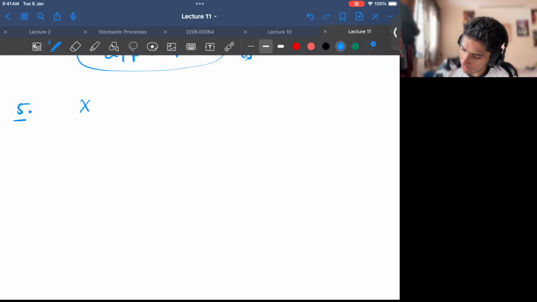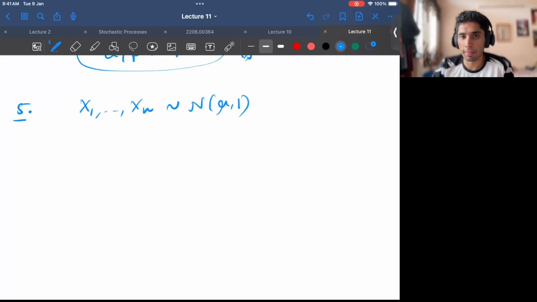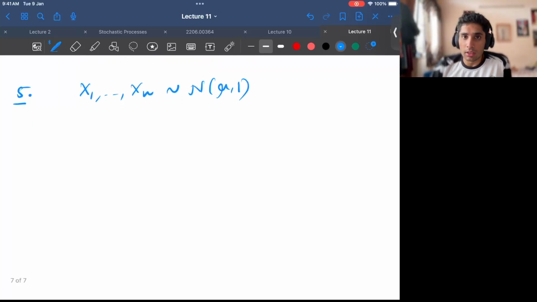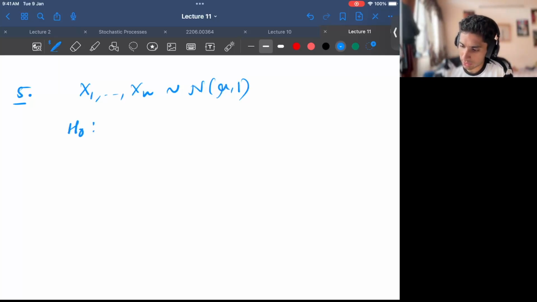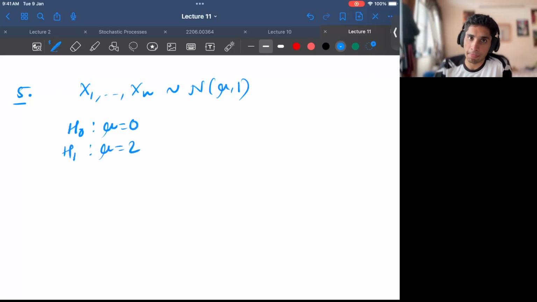So you have n samples, x1 till xn, and all of them are sampled from normal mu comma 1. So the mean parameter is unknown, right? Now you have two hypotheses, H naught, which says that mu is equal to 0, and H1, which says that mu is equal to 2.